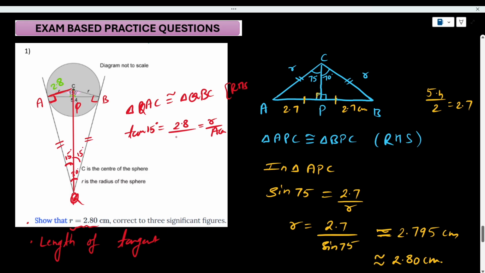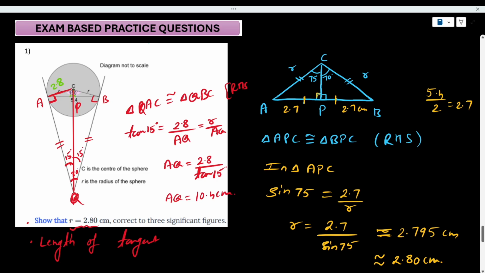So 2.8 by AQ, and AQ length we don't know. So AQ length is going to be 2.8 by tan 15. And if you take 2.8 divided by tan 15, you will get 10.4 centimeter to 3 significant figures.